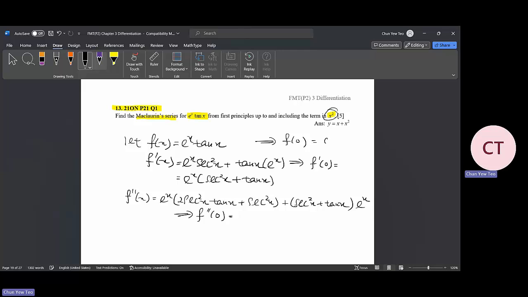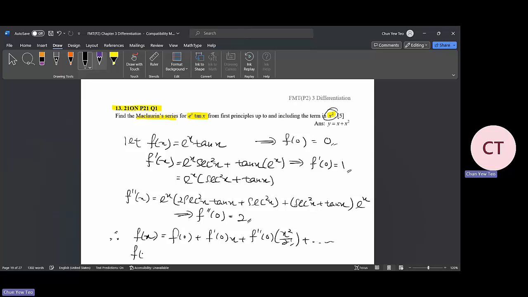So this one you will get 0, this one you will get 1, this one you will get 2. Okay, so therefore your function will be f(0) plus f'(0)x plus f''(0)x squared over 2 factorial plus dot dot dot.